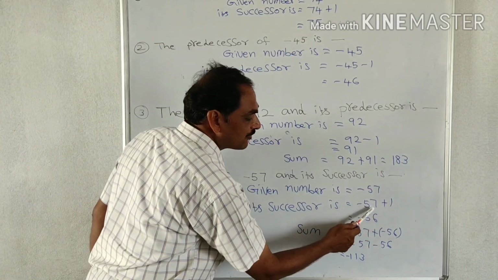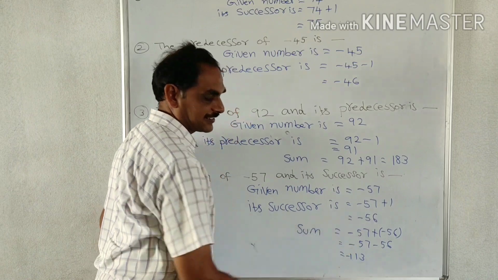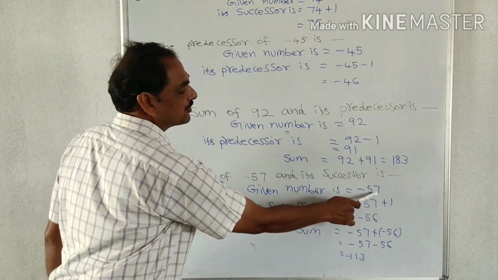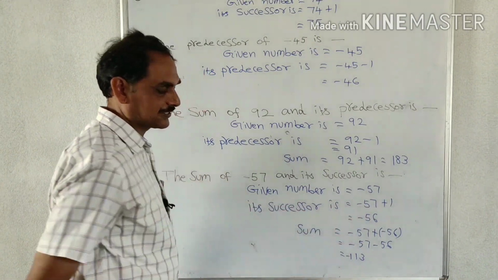The bigger number is 57, its sign is minus, so we write minus 56. This is its successor: the successor of minus 57 is minus 57 plus 1, which is minus 56.